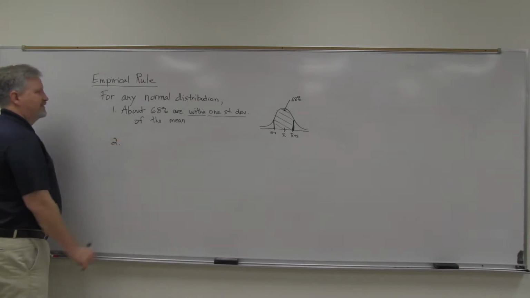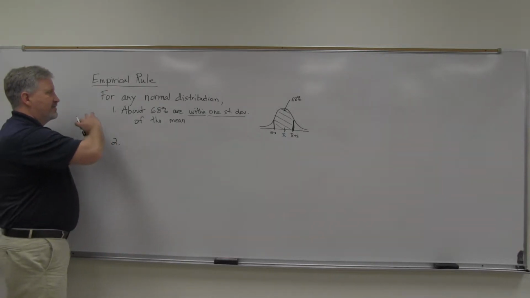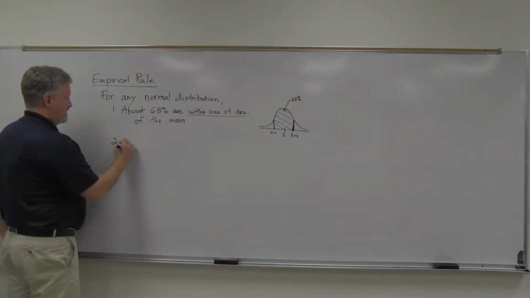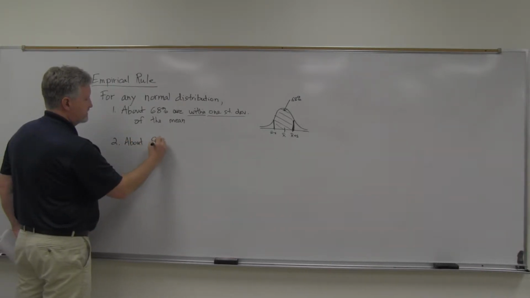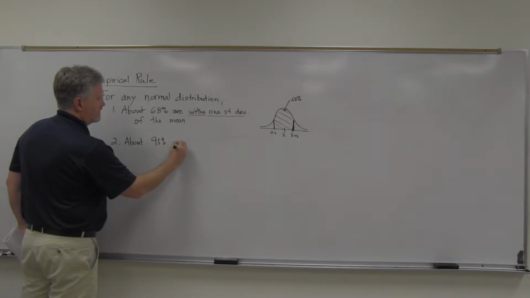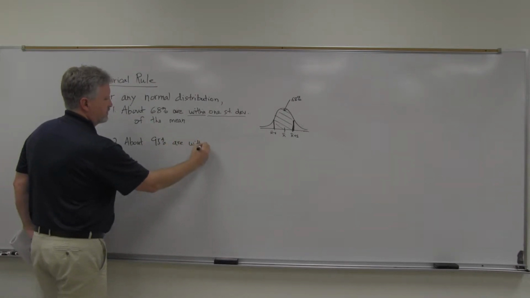Number 2, all right, so the empirical rule, we just keep adding standard deviations. About 95% are within 2 standard deviations of the mean.